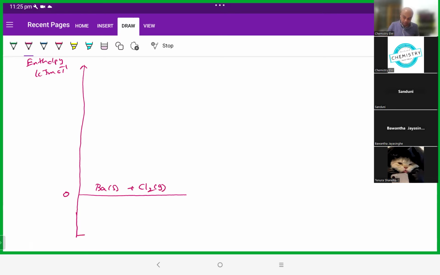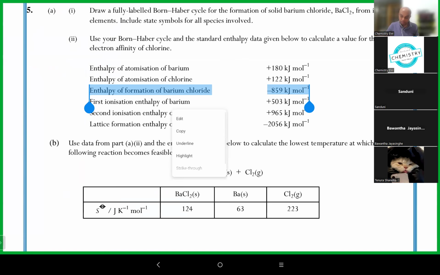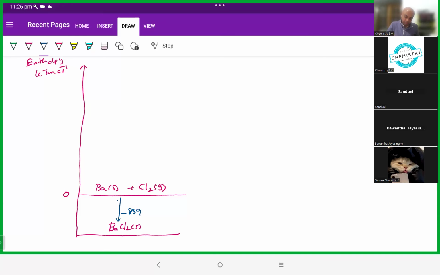So it is a negative one. It will be placed around here. So in this direction, the value is minus 859, sorry, 859.